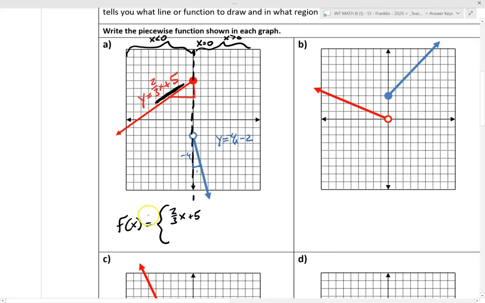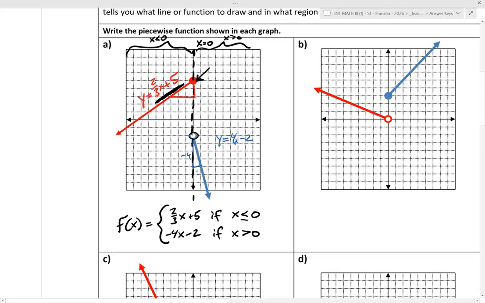And that line exists on this graph if x is less than 0. And because we have a filled in circle, it's less than or equal to. And now we just use our second line, f of x equals -4x minus 2 if x is greater than 0. And we don't put the equal to bar because we have an open circle on that line.